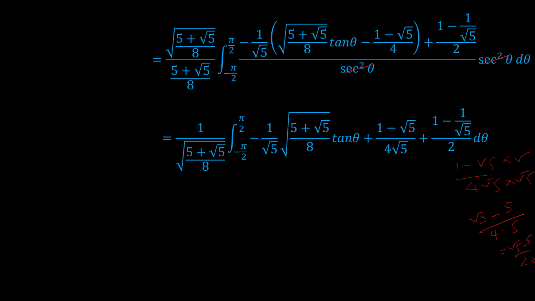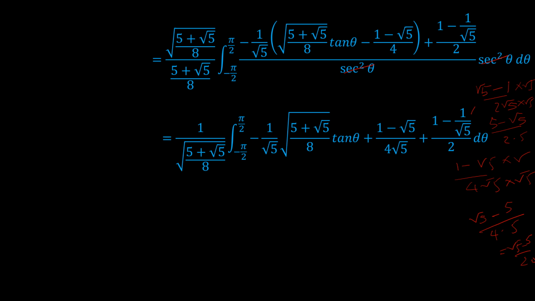And then this here is the same as root 5 minus 1 over 2 root 5. And then multiplying root 5 in the denominator and in the numerator, we get 5 minus root 5 over 2 times 5, which is 5 minus root 5 over 10.